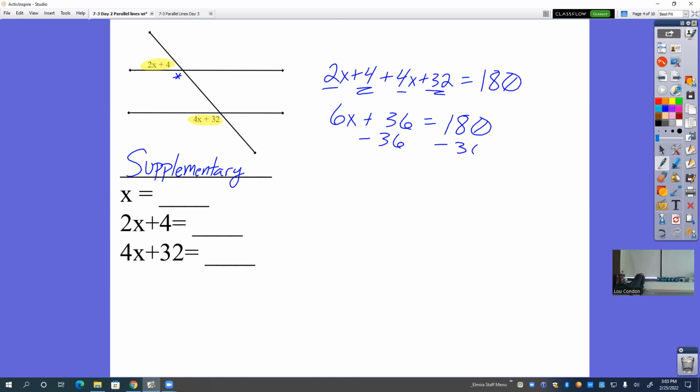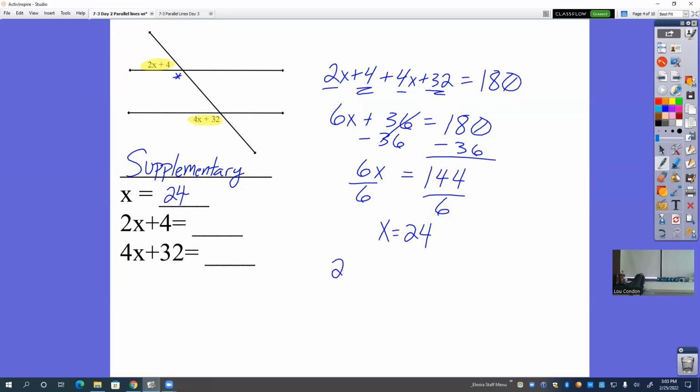Subtract 36 from both sides, leaves you with 6x equals 144. 144 divided on both sides by 6, x equals 24.